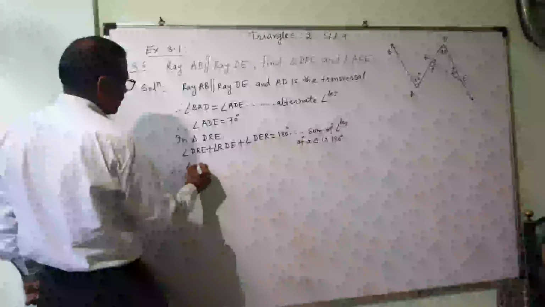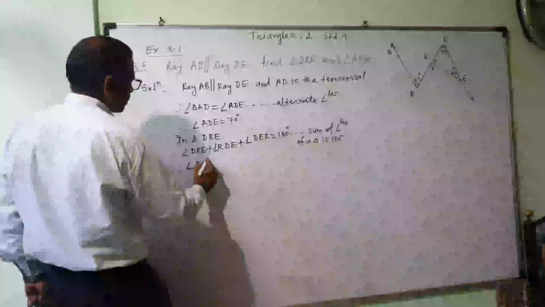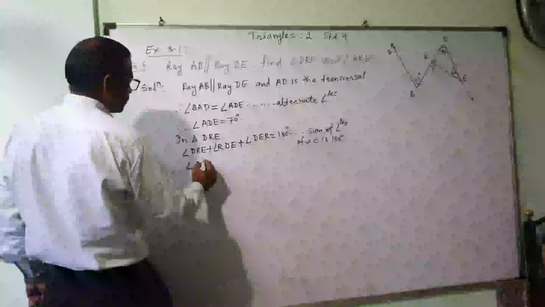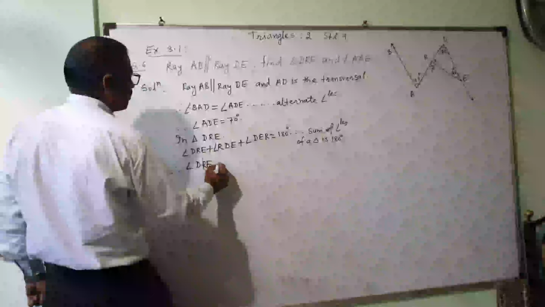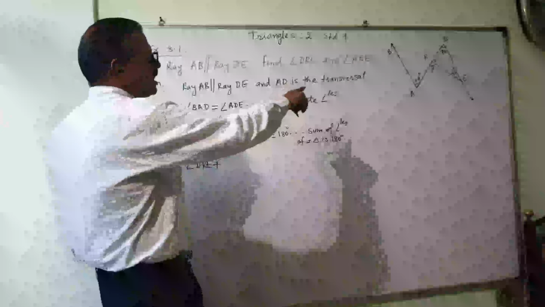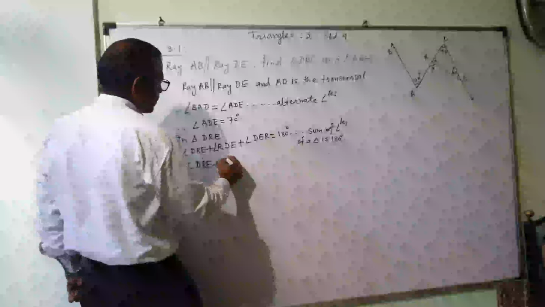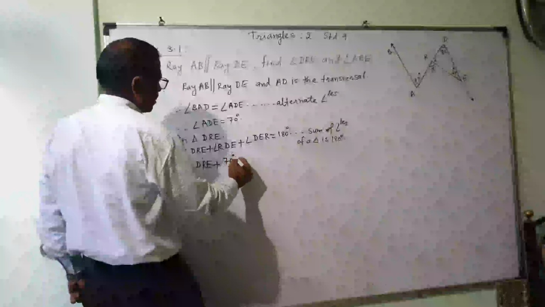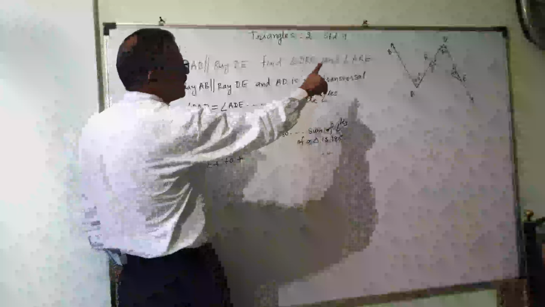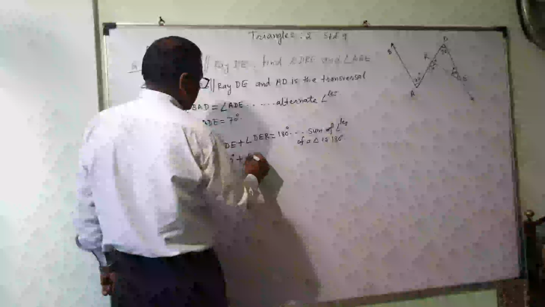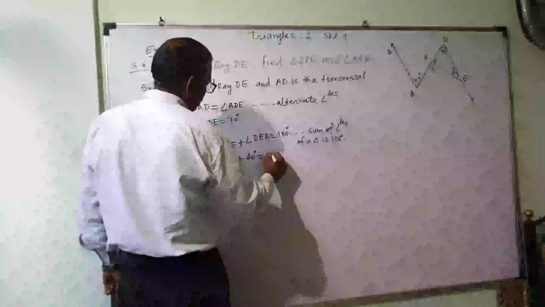So angle DRE plus angle RDE. RDE is nothing but ADE. So this is 70 degree. Plus angle DER is 40 degree is equal to 180 degree.